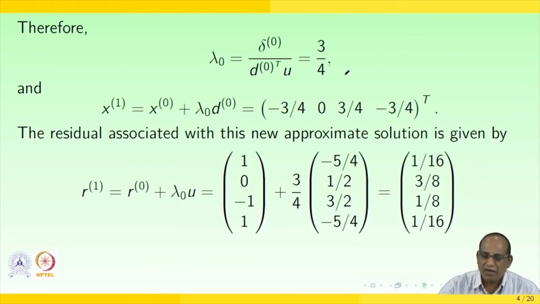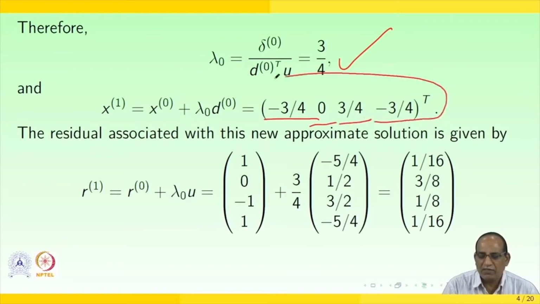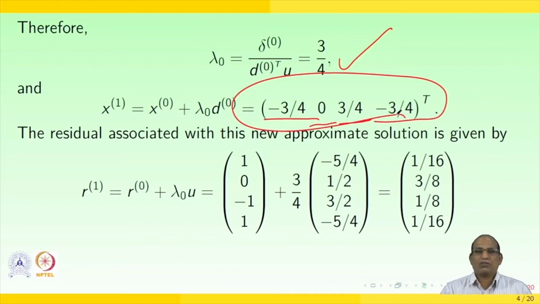Therefore, lambda naught will be equivalent to delta 0 upon D0 transpose of U, that is 3 by 4, and X of 1 is equivalent to X0 plus lambda naught times D of 0, that will be equivalent to minus 3 by 4, 0, 3 by 4, minus 3 by 4 transpose.